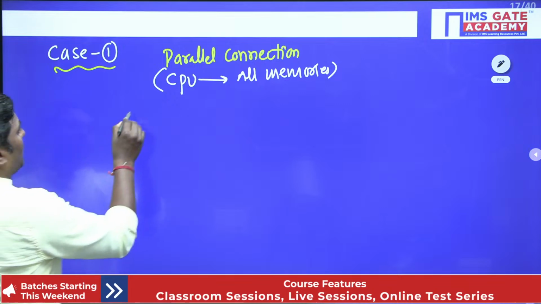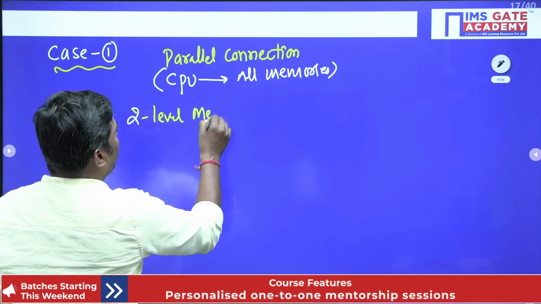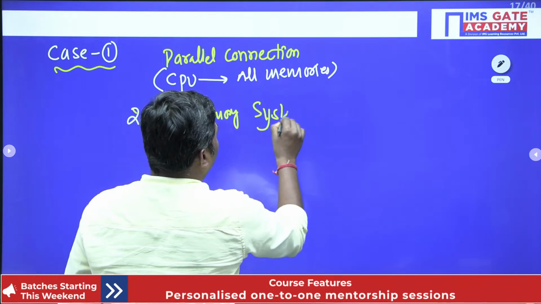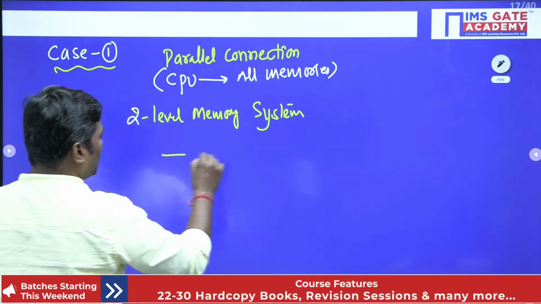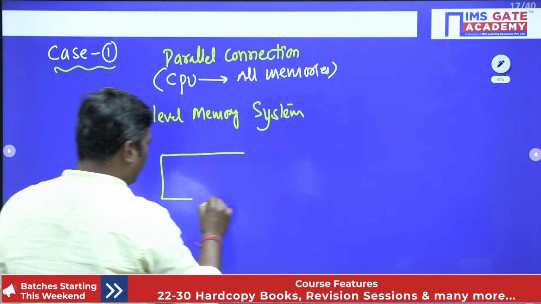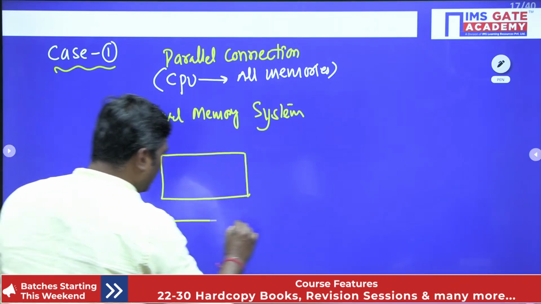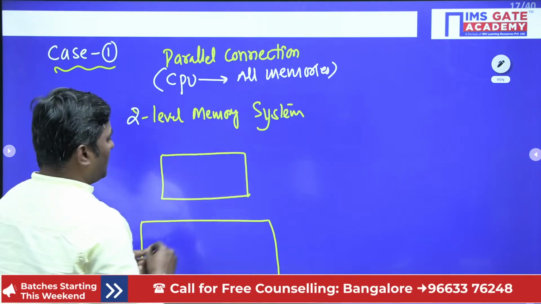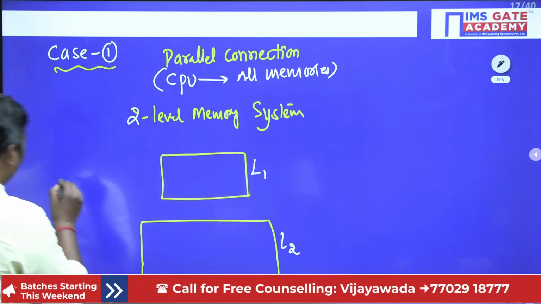Please understand, if I take a two-level memory system, this is level 1 and this is level 2. L1 means level 1, L2 means level 2, and this is the CPU.